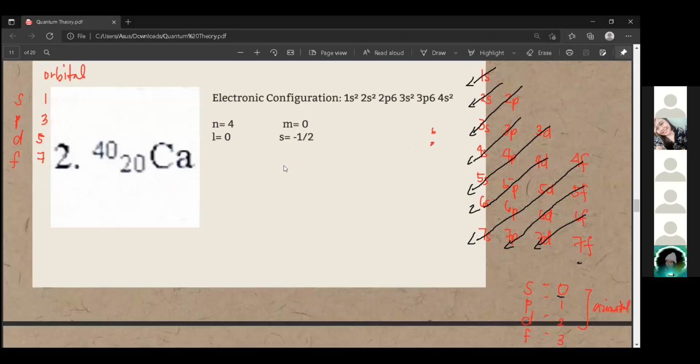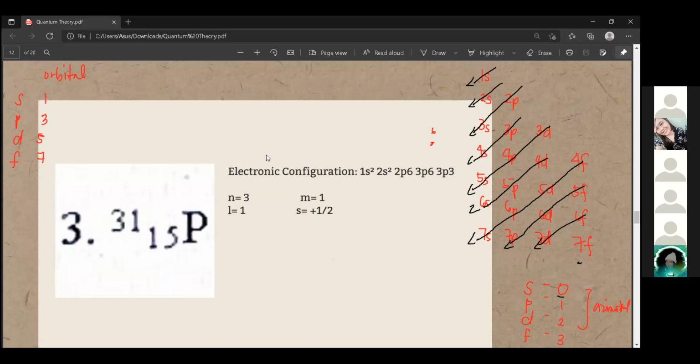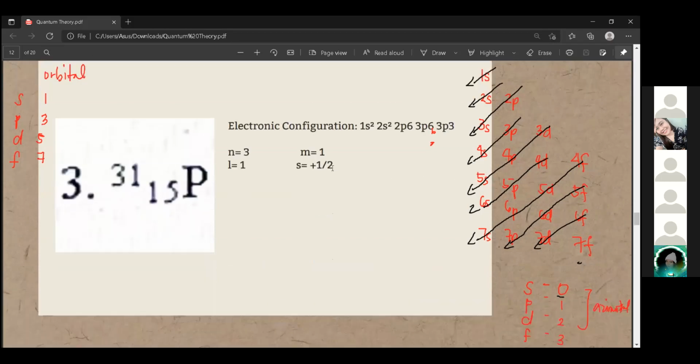Okay, let's move on to number 3. Number 3 is phosphorus. So this is phosphorus 31, 15. Again, we will be using this number for the electron configuration. Always use the atomic number. So our goal is 15. Let's start with 1s.